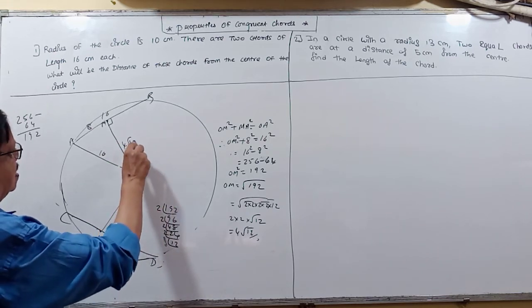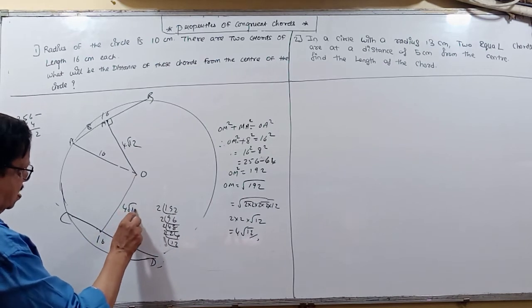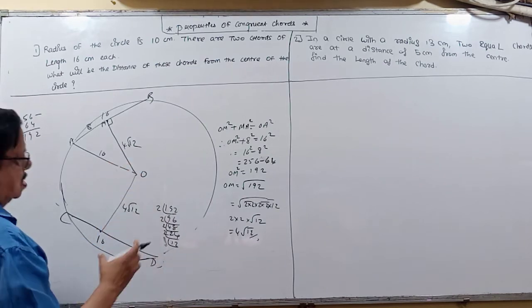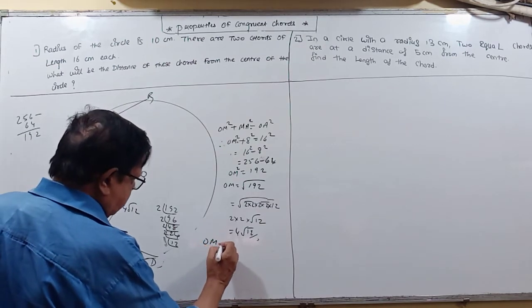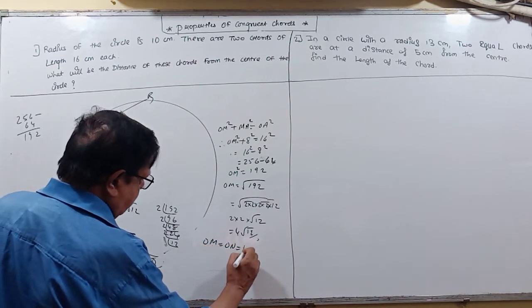Exactly. Therefore, OM equals ON equals 4 root 12.